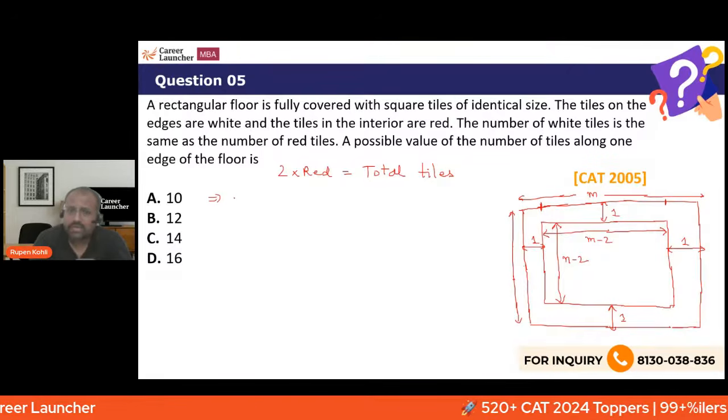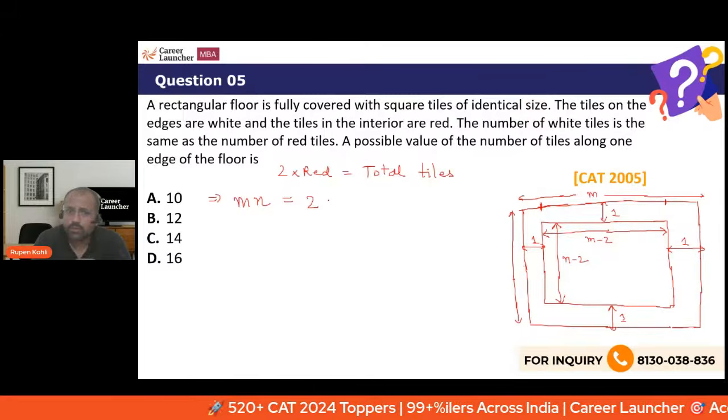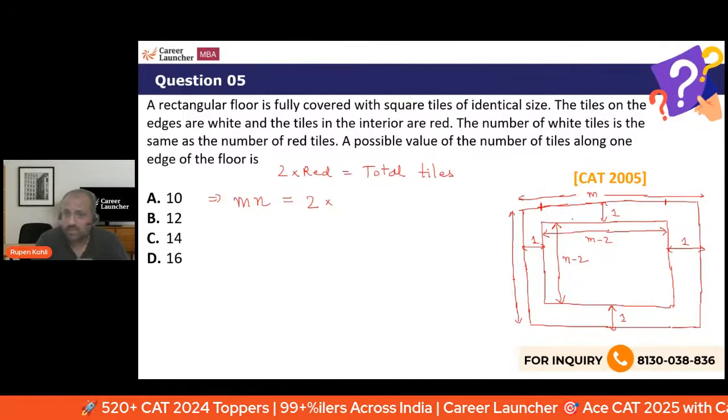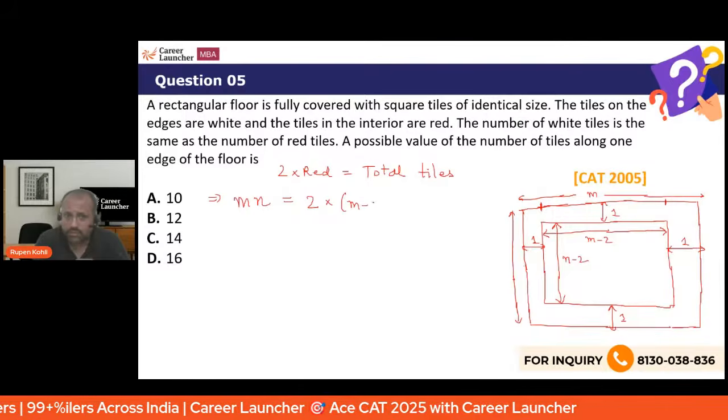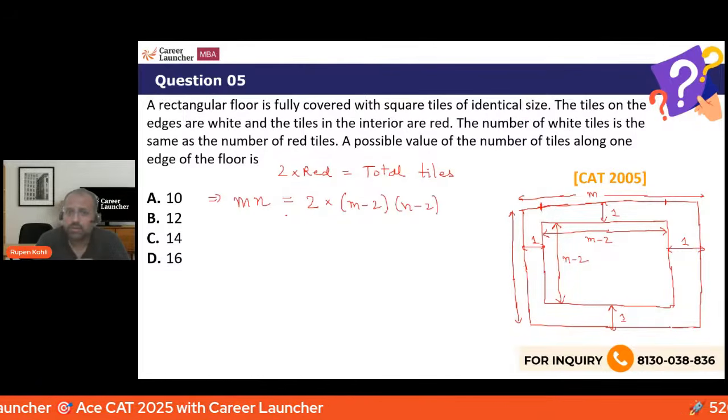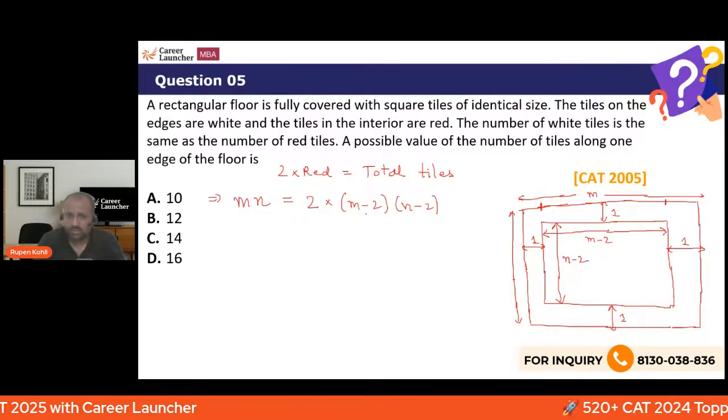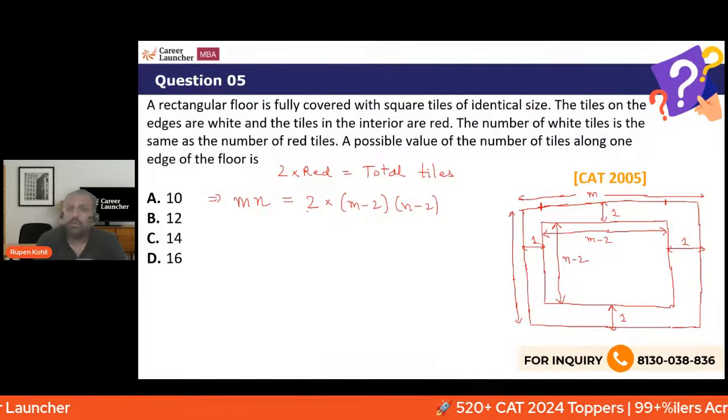Total number of tiles is m into n, is twice the number of red tiles, which is a grid of m minus 2 cross n minus 2. So m into n is twice of (m minus 2)(n minus 2), right? So this is the equation that we have with m and n.